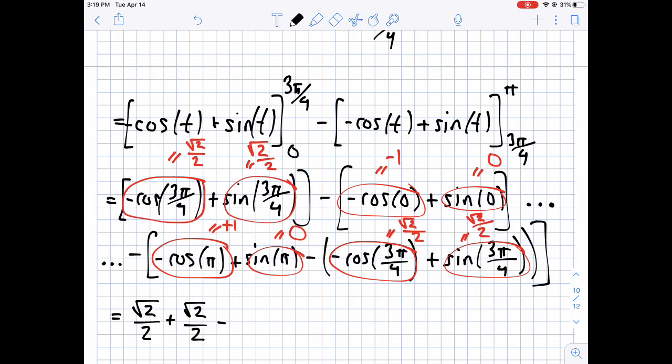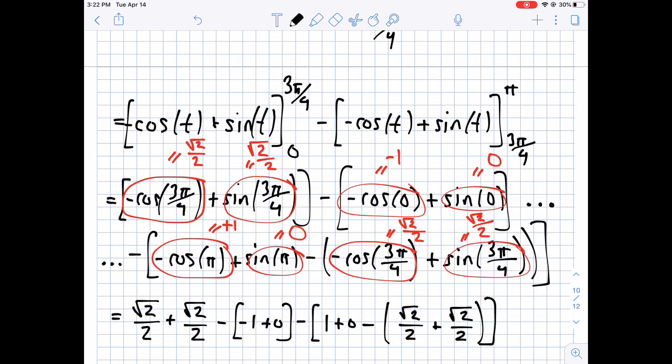Then we have minus 1 plus 0 from this second part. Then we have minus 1 plus 0 minus from here, bracket root 2 over 2 plus root 2 over 2.